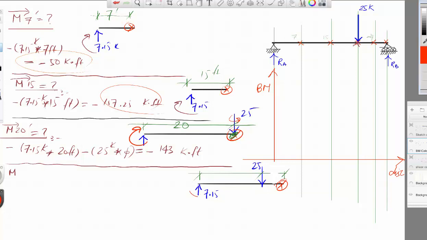So this will rotate in this direction, and this will rotate in this direction. So this is negative and this is positive.